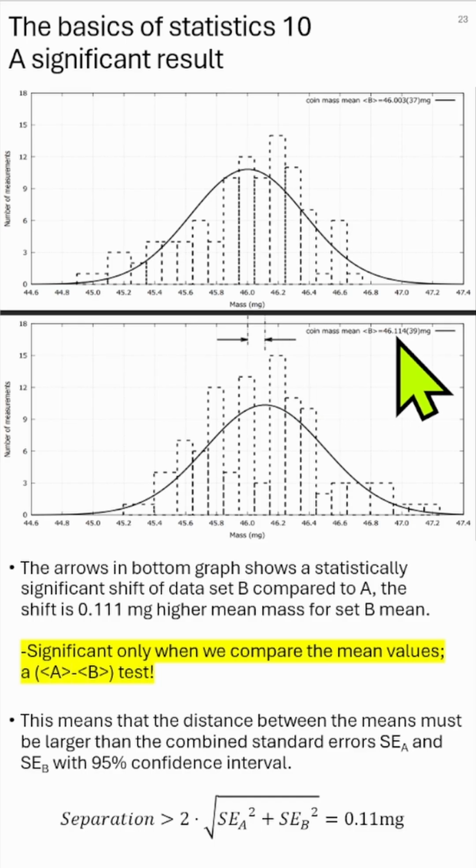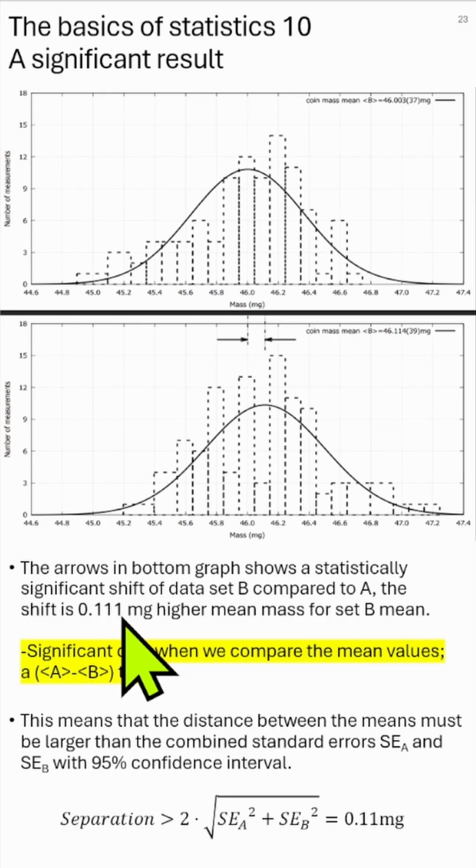The mean value for the second set is 46.114 milligram. Standard error is 0.039 milligram. So that means that the shift is 0.111 milligram higher than the first set.